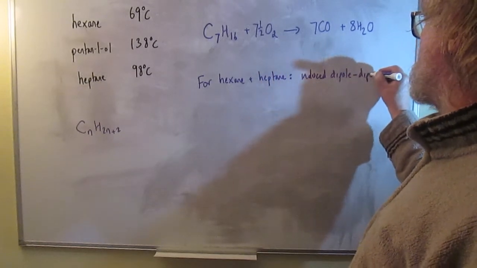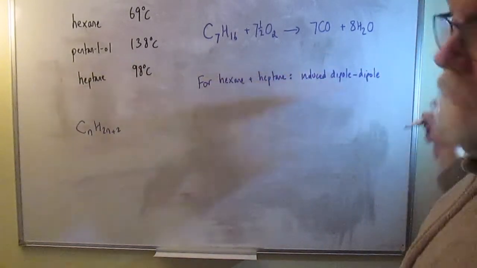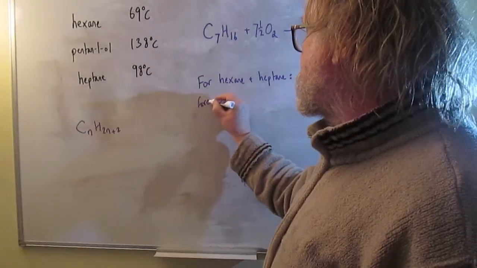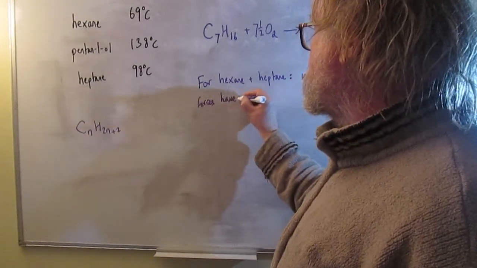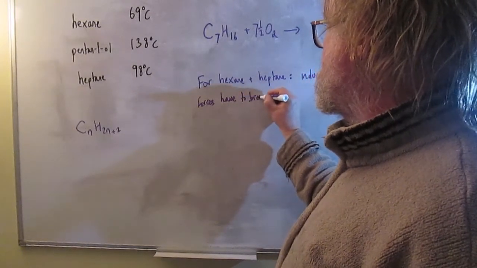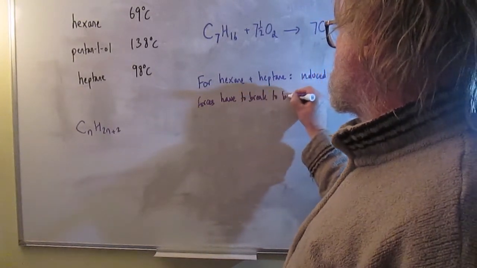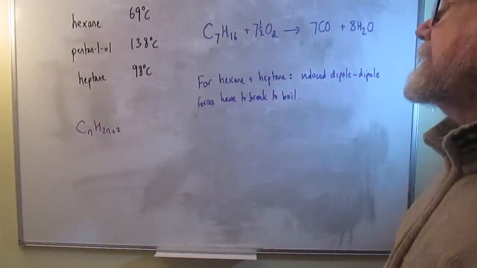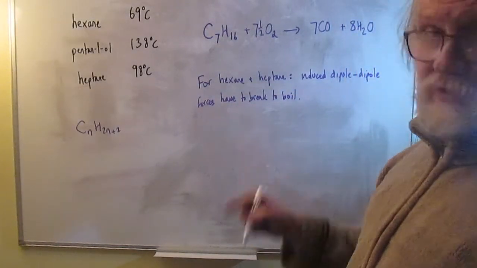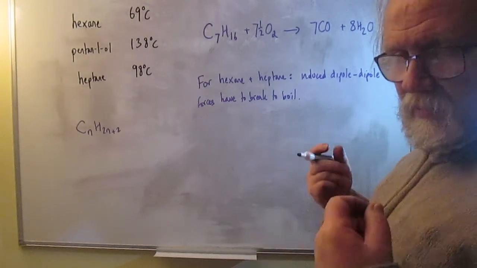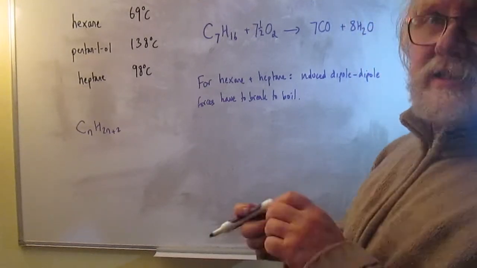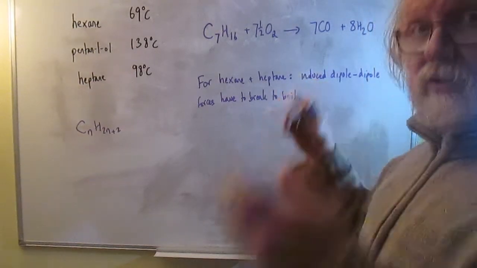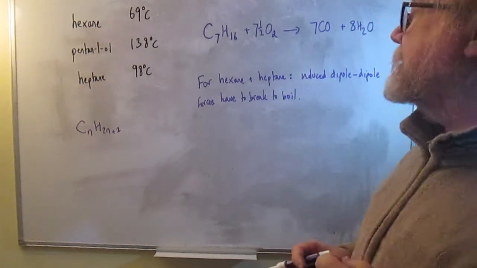Don't write down some horrible abbreviation for that. If you don't write it out properly, they won't give you the mark. So induced dipole-dipole forces have to break to boil. And the point is that heptane has the extra carbon. The important thing about that is that it means that the heptane molecule has a bigger surface area for contact with other molecules, and that's what you need to spell out.